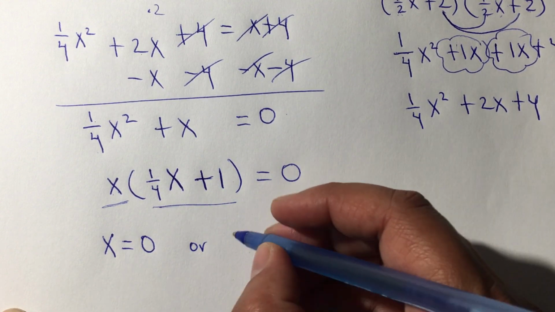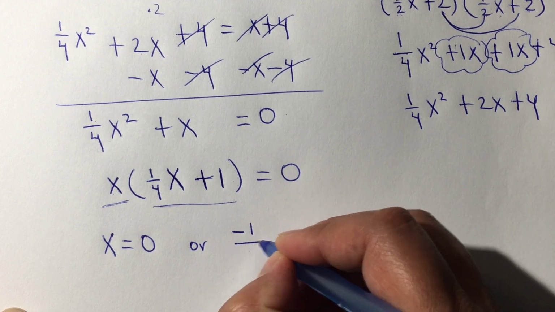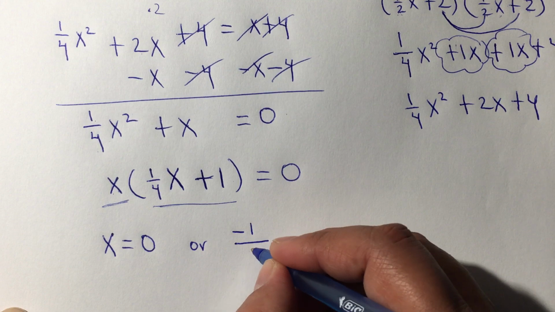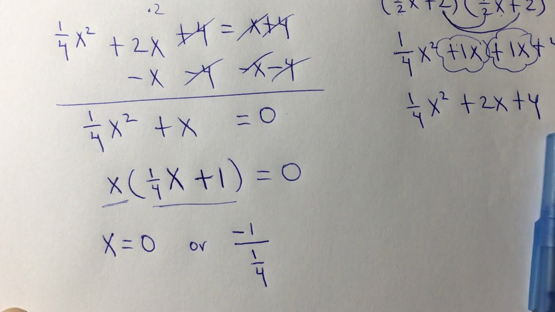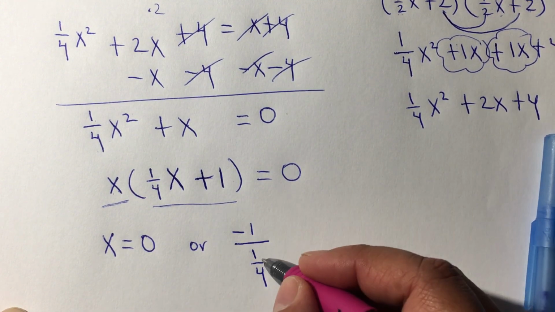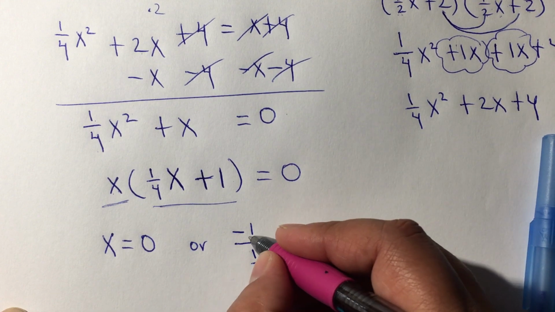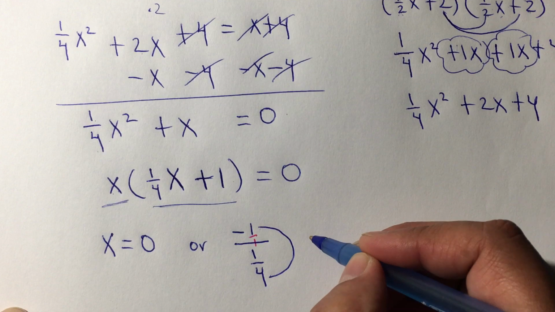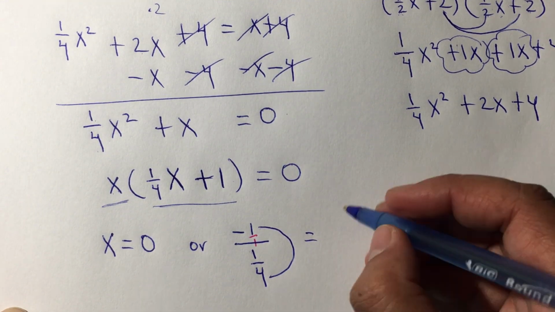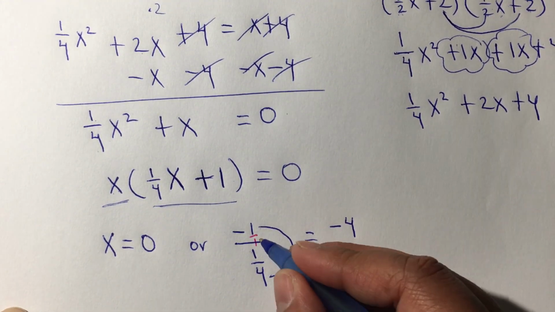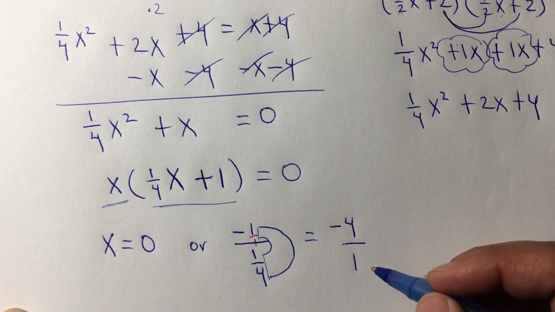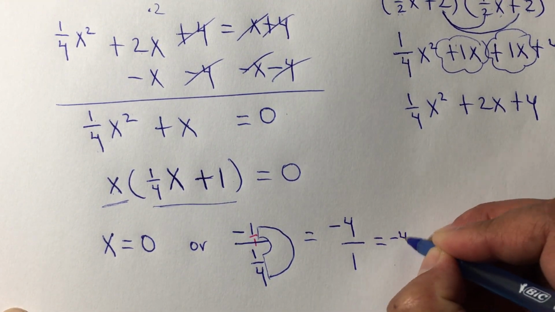If we're adding 1, the opposite is to subtract 1 and divide it by the coefficient of x, which is 1/4. Whenever we have a whole number or integer divided by a fraction, we put it over 1 and then we multiply. -1 times 4 is -4. And 1 times 1 is 1. And so -4 divided by 1 is -4.